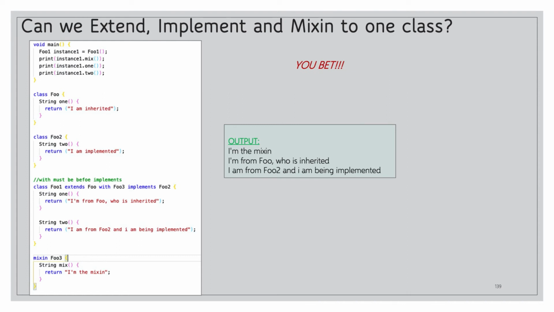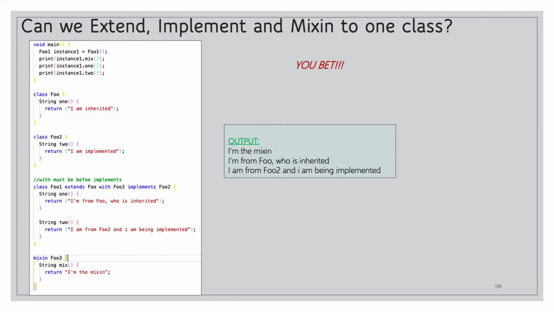So class foo1 extends foo, uses foo3 as a mixin, and uses foo2 as an interface. Note here that we must use our mixin before our implementation. So that's why foo3 comes before foo2.